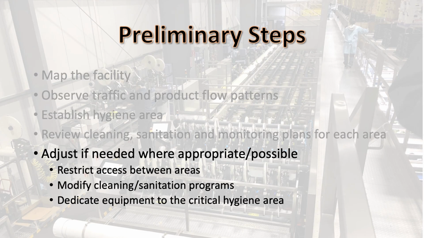At this point, the team may decide that some adjustments or modifications are necessary before proceeding with the planning of the PEMP. For example, changing workflows to restrict movement between different hygiene areas, modifying cleaning or sanitation programs, or dedicating specific equipment in the primary pathogen control area.